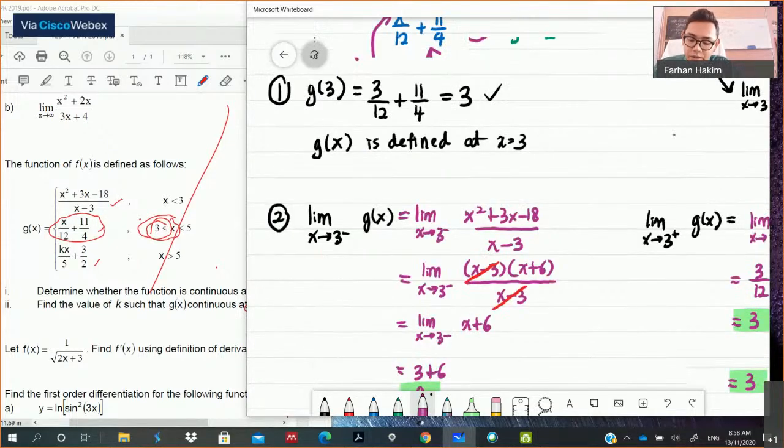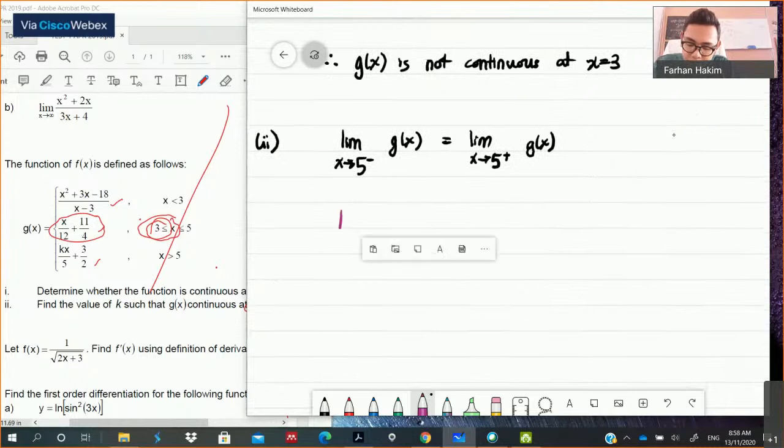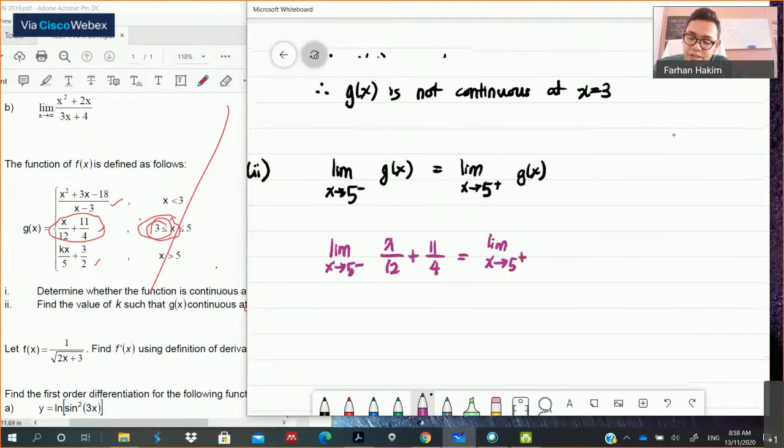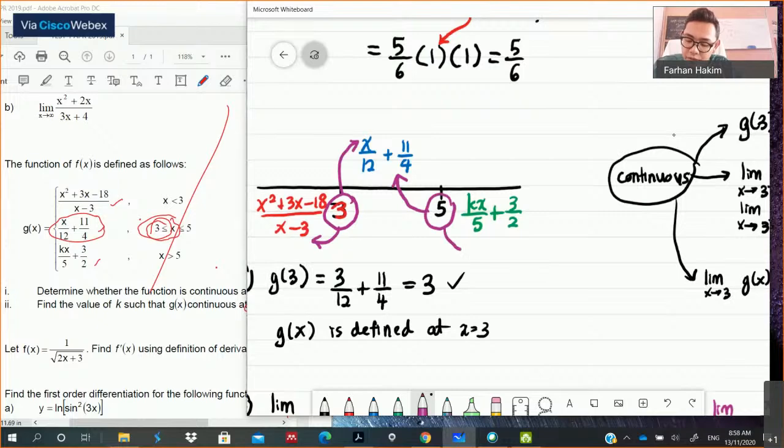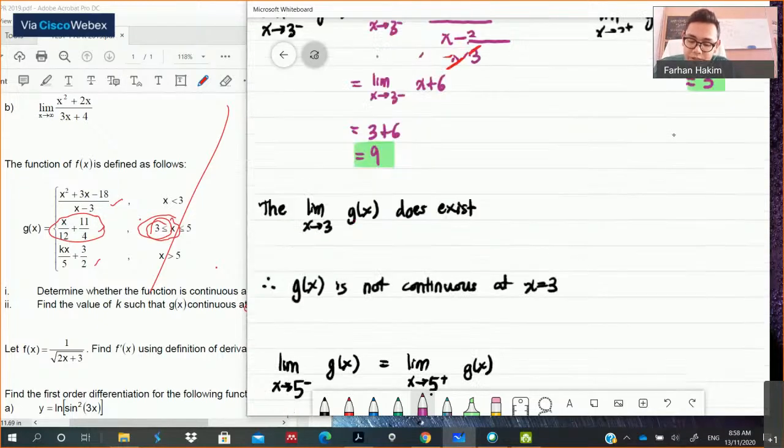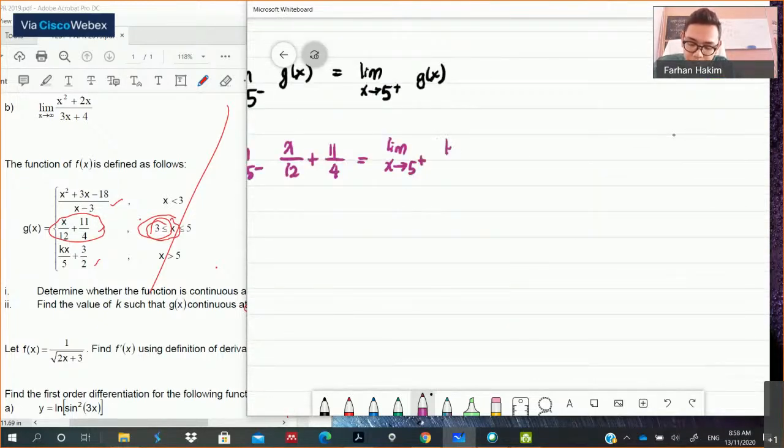So the limit as x approaches 5 from the left of x over 12 plus 11 over 4 is equal to the limit as x approaches 5 from the right of g(x). The right of 5 is this one, kx over 5 plus 3 over 2.